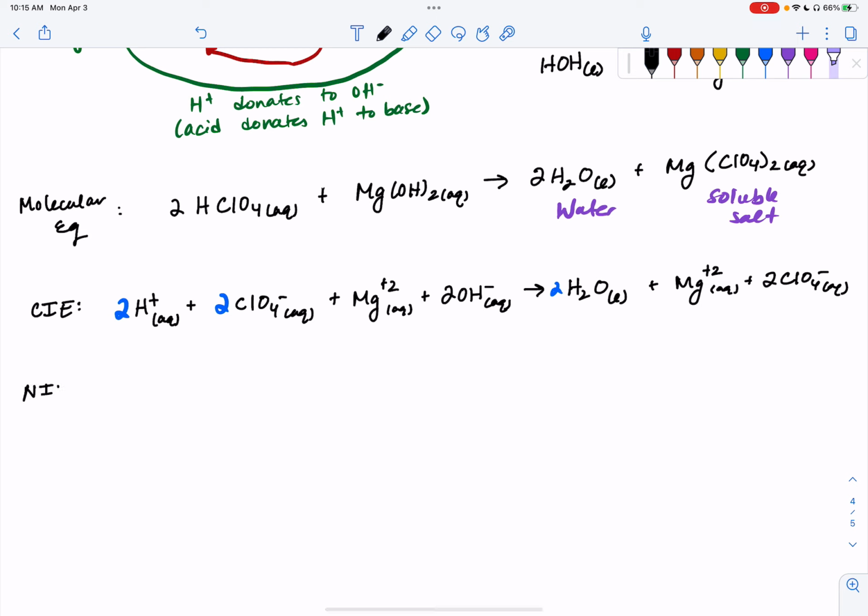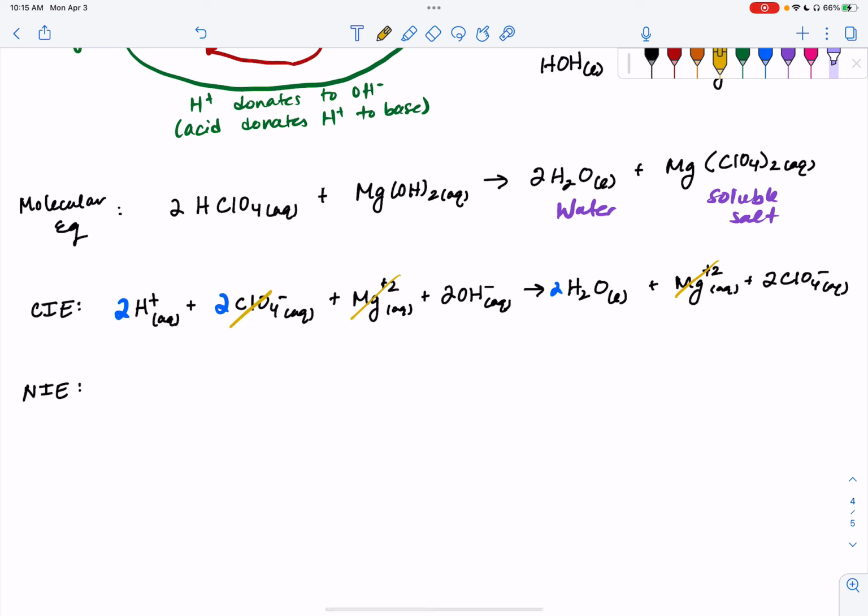And then for the net ionic equation, I need to cancel out any spectators, meaning ions that don't contribute to anything interesting that happened, or ions that appear the same on both the reactants and product side of the arrow, or ions that sat around in solution and did nothing. So looking at what I got, it seems like magnesium was the same both before and after reaction, so that was not involved in any direct chemistry that happened in this solution.